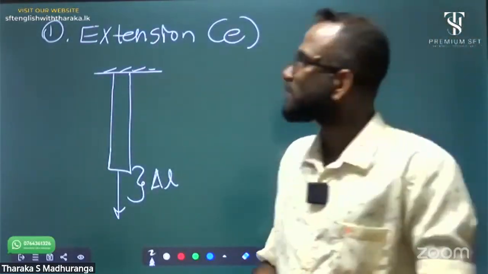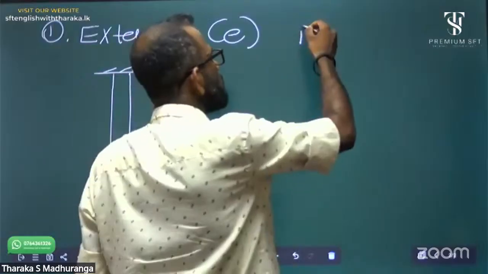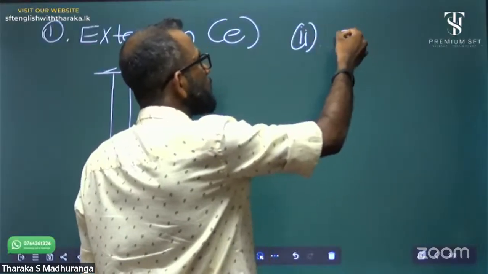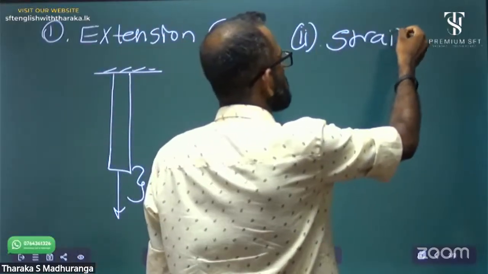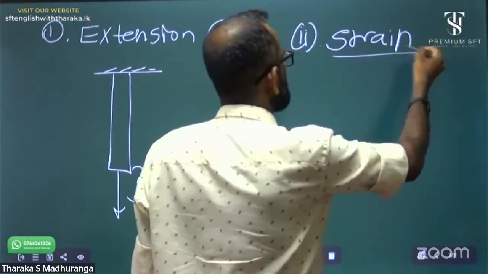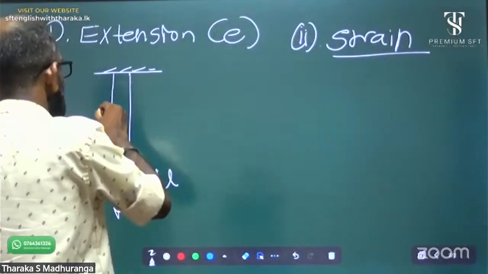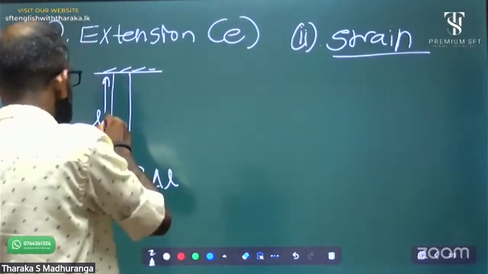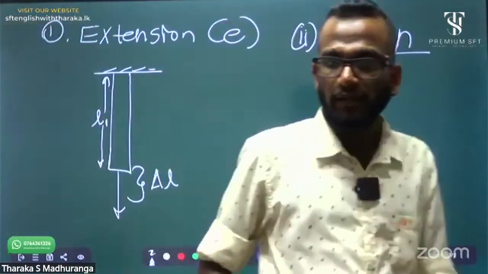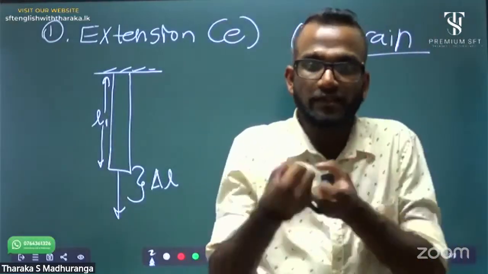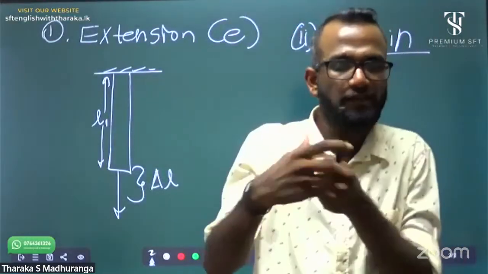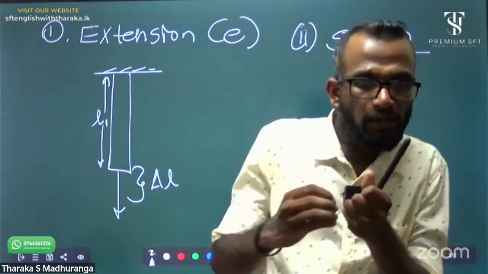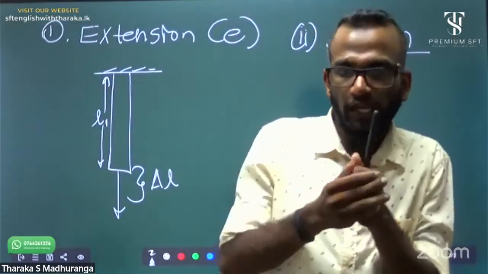As the second quantity, we discussed strain. What's the meaning of strain? This is L1, the initial length. The increase in length is the extension. Increasing or decreasing length: if we apply compressive force, it is decreasing.